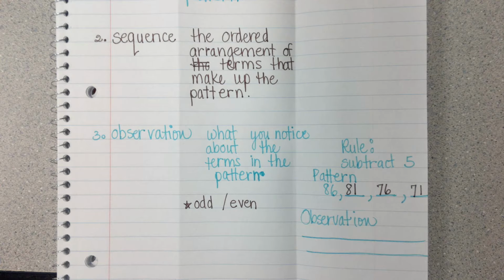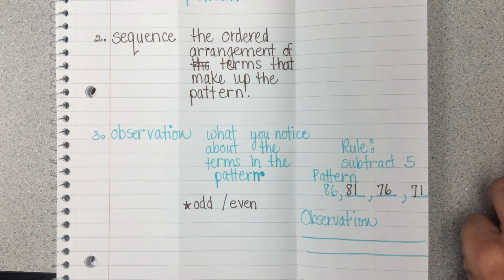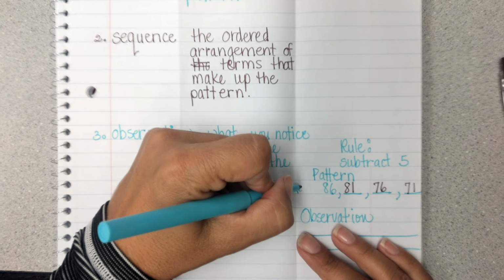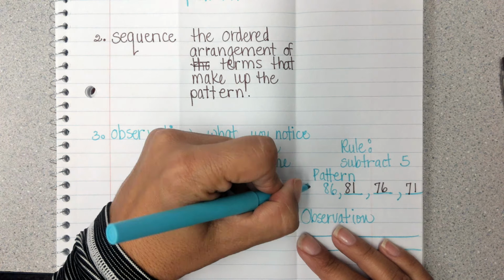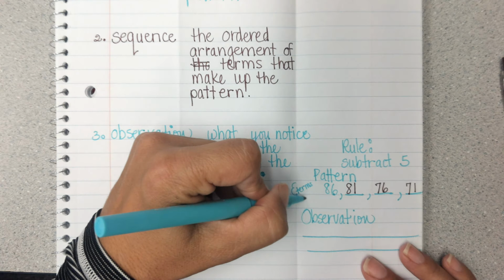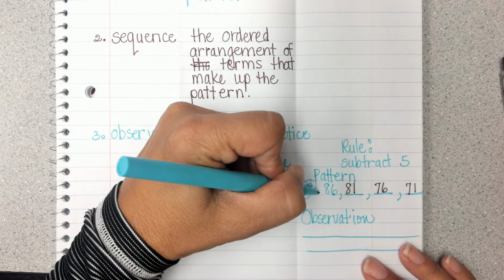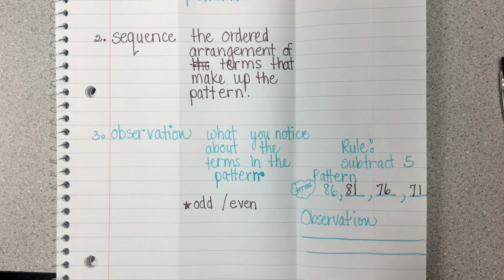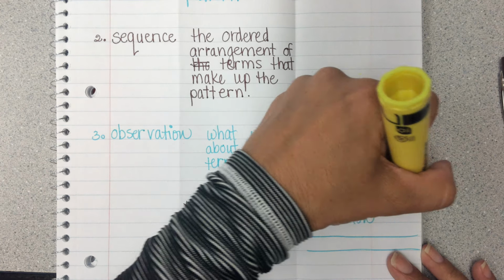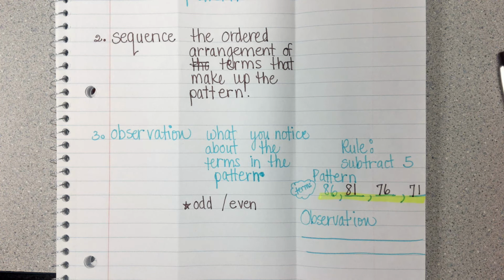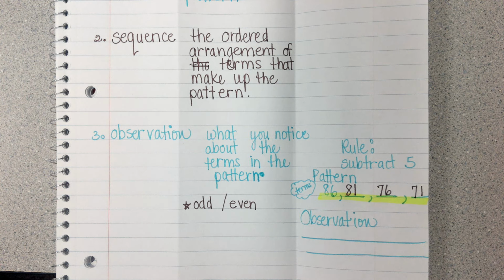The first thing I want to bring up is that these are called the terms. They're the numbers in a numeric pattern. So these are the terms. The new part of the lesson is to make an observation about the terms.